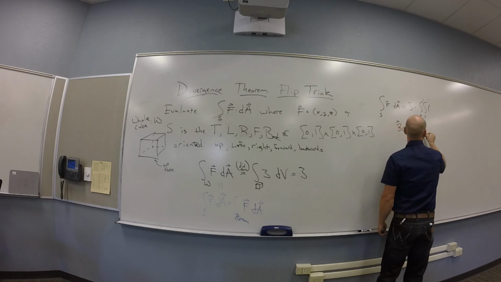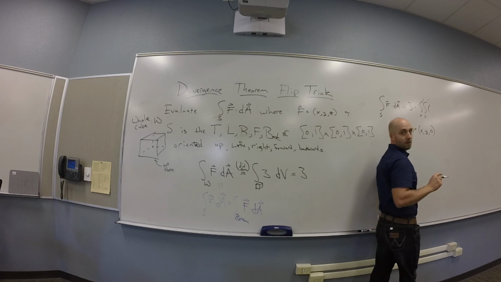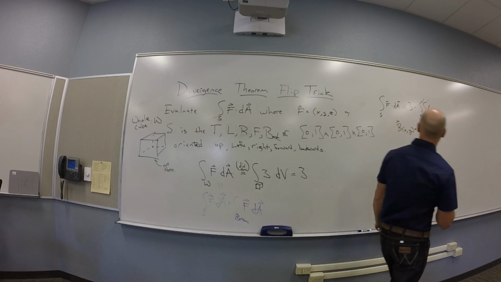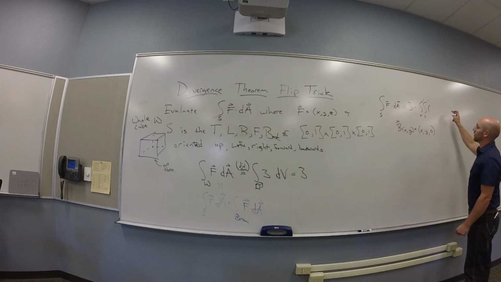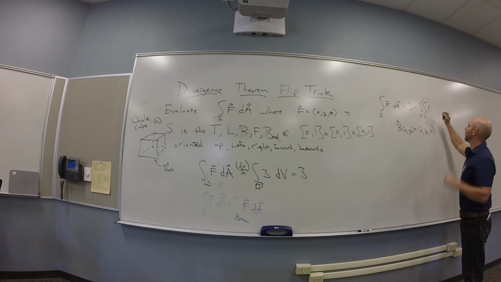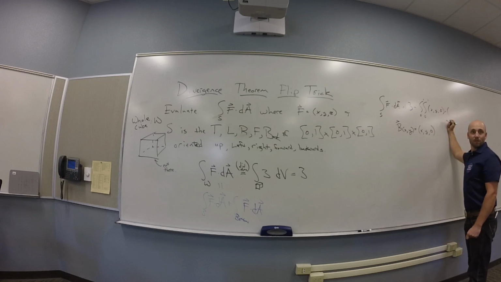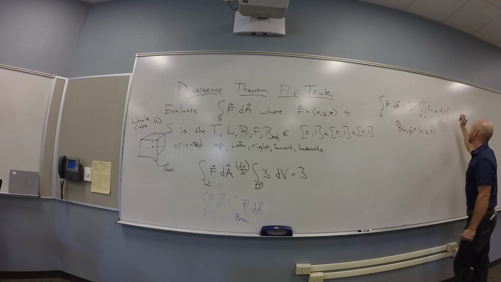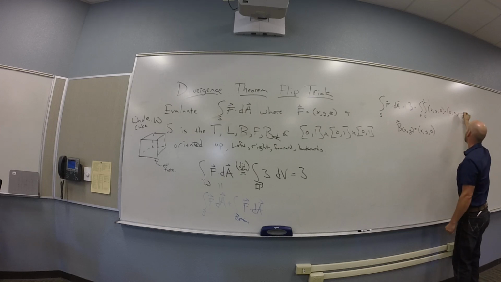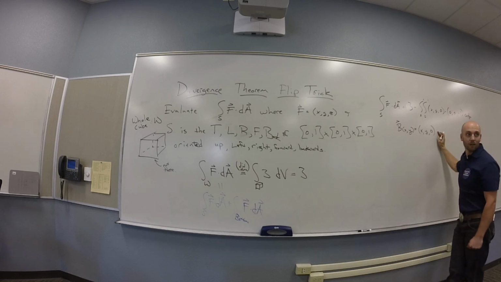So f evaluated at x, y, 0 is x, y, 0, and then you're dotting with negative k, so 0, 0, negative 1, dx dy.